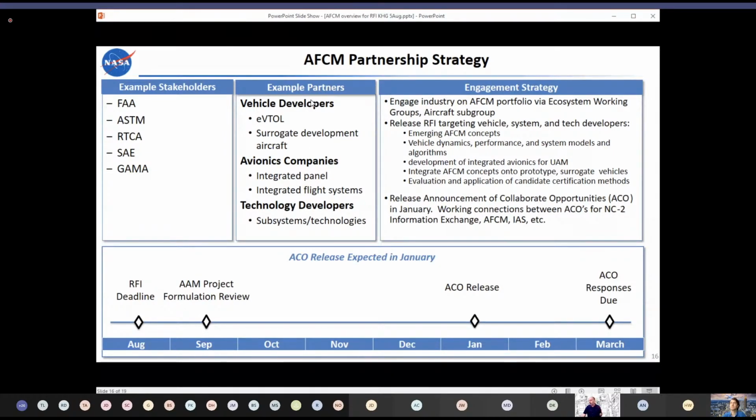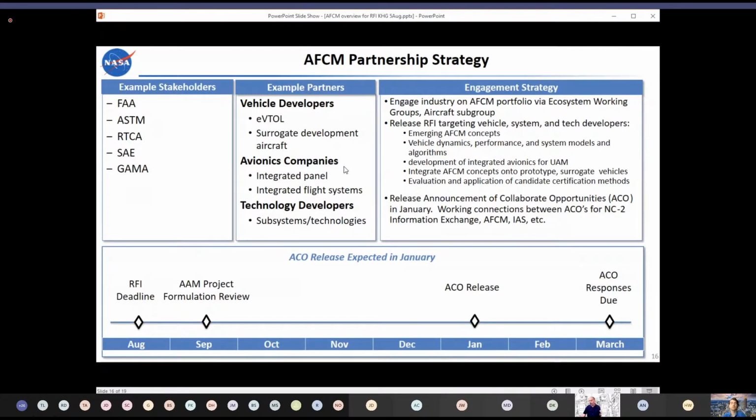Folks that we would probably work with more directly include vehicle developers, and these may be people that are already developing an eVTOL aircraft, or they may be folks that are doing longer lead development using some sort of surrogate platform, particularly people who are focusing on the development of the automation, often using more conventional helicopters or fixed wing aircraft to integrate and evaluate those automation capabilities.